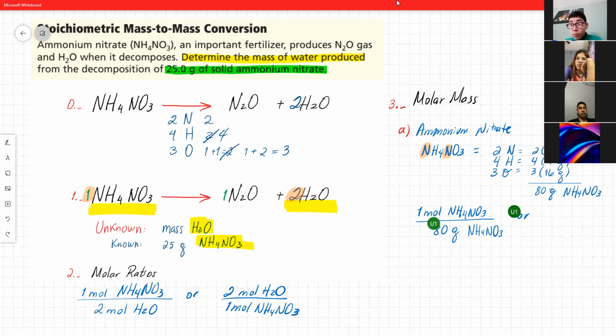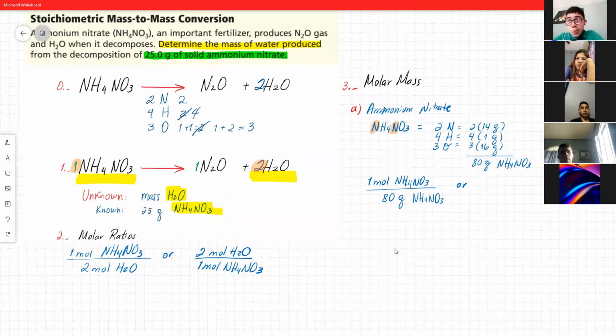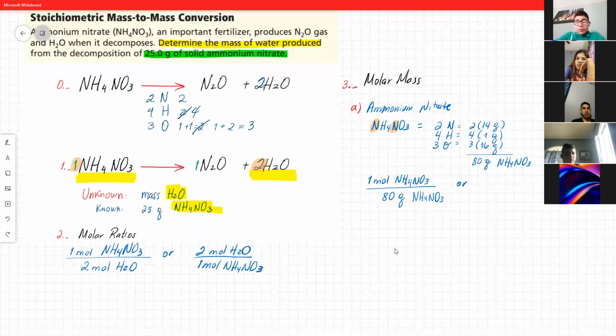Or, again, 80 grams of ammonium nitrate is inside 1 mole of the same substance. Remember, I always relate the same substance, okay? For molar mass, I'm talking about the same substance. So I'm talking about ammonium nitrate. All the molar ratios are going to be ammonium nitrate.